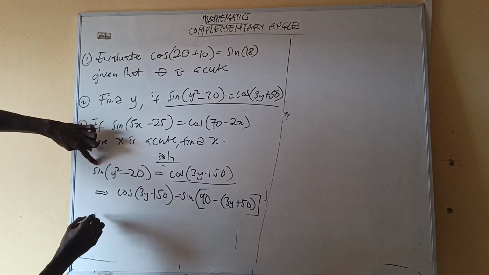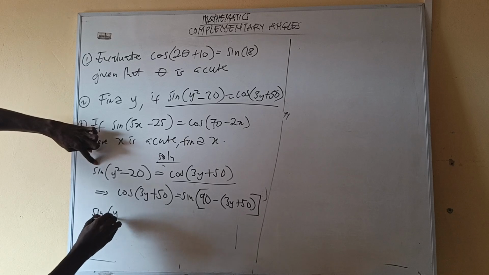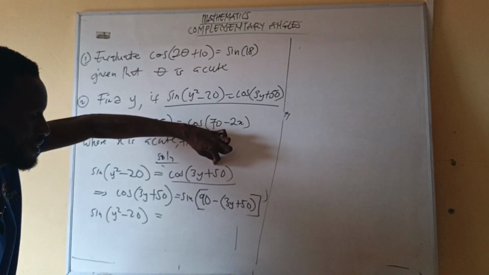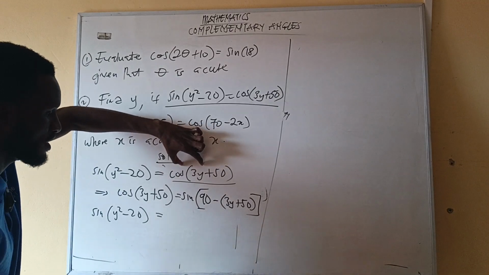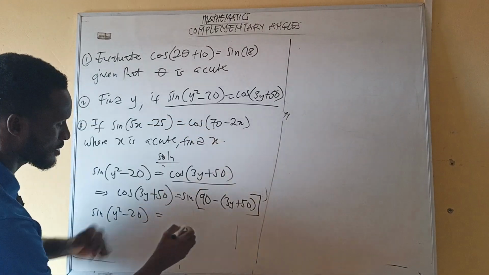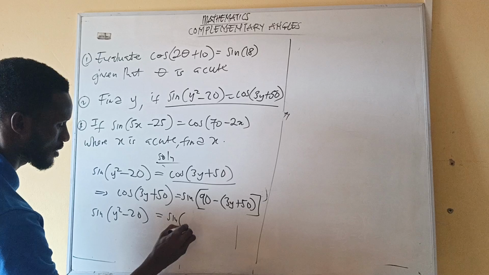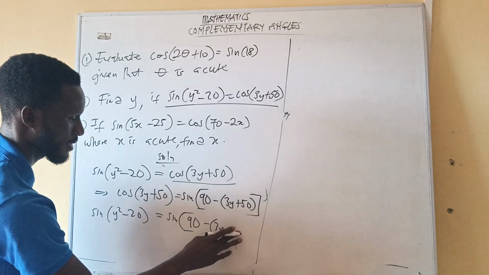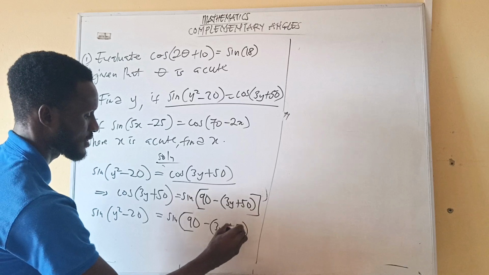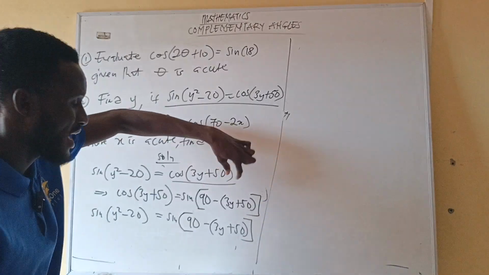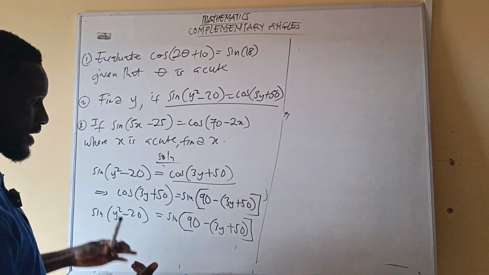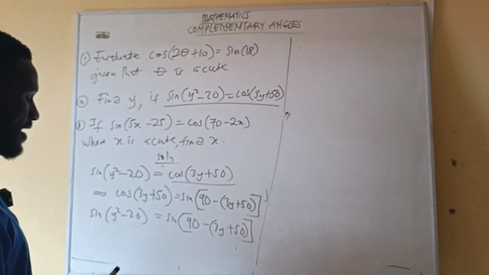So if I want to continue, I'm going to get sine of y squared minus 20 is equal to cos of this. Don't forget cosine of this one is the same as sine of 90 minus the whole of 3y plus 50. Now this one, you can even expand it, but the board is too small, so I don't want to expand it.